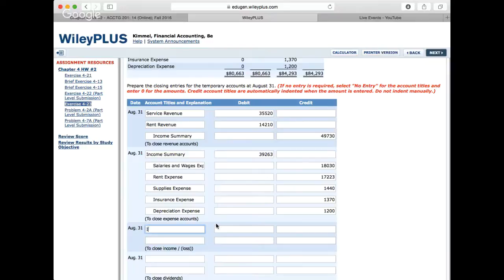Income summary. Below that, retained earnings. After we subtract these two right here, we reach a total of $10,467.